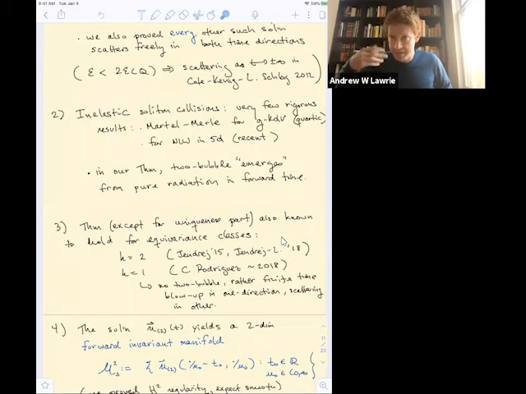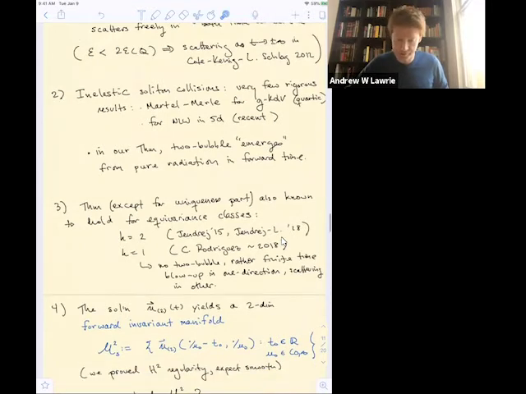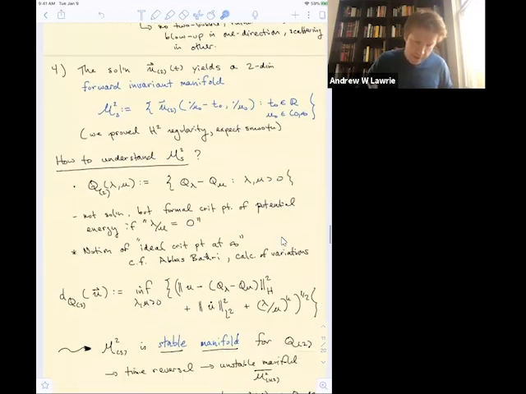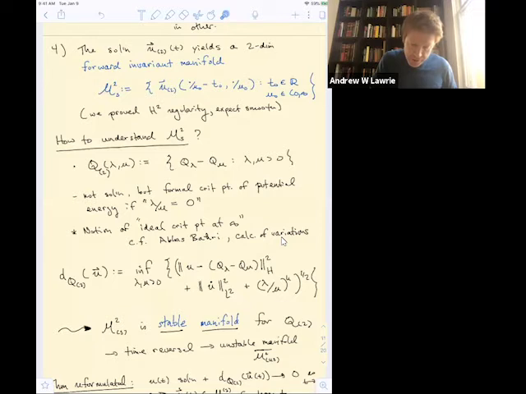Okay, so I want to keep going back to this dynamical picture that I started with in the beginning. How should I think about these solutions? The two bubble solution yields a two-dimensional forward invariant manifold. I'm going to try and think about this dynamically a bit.